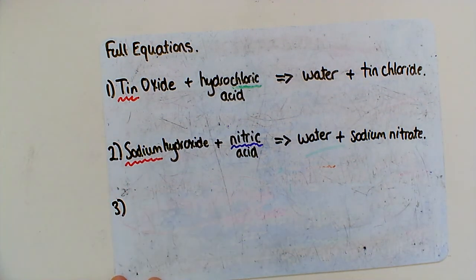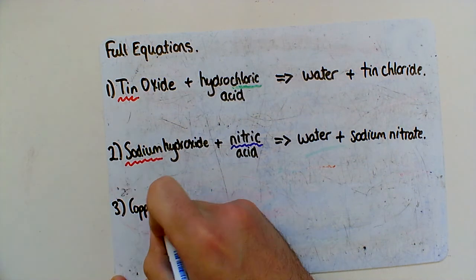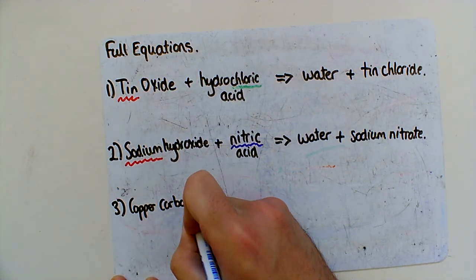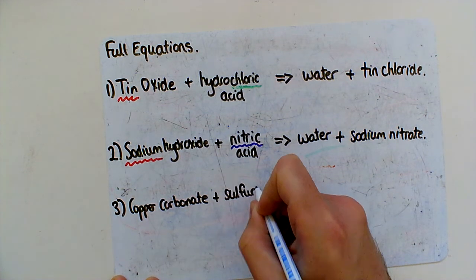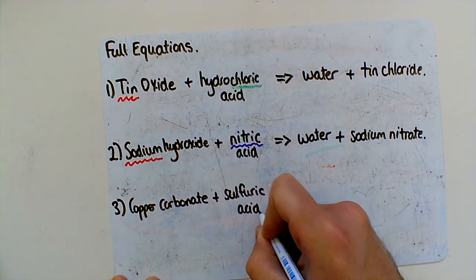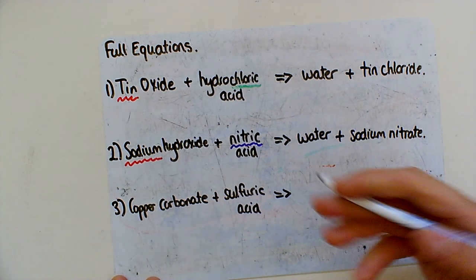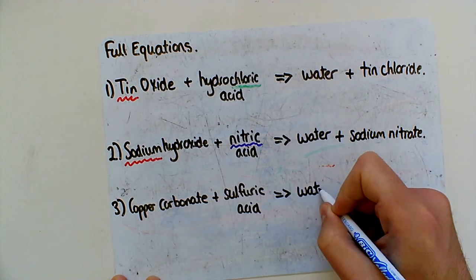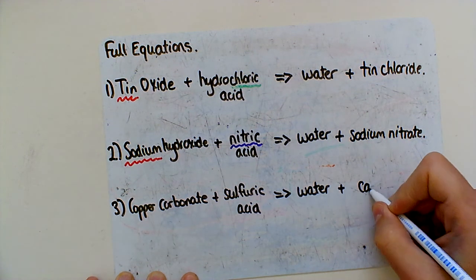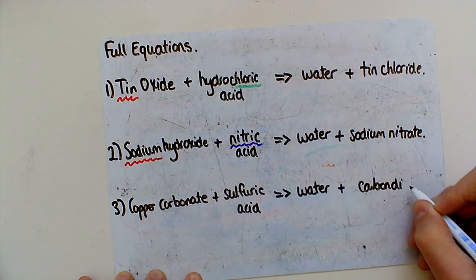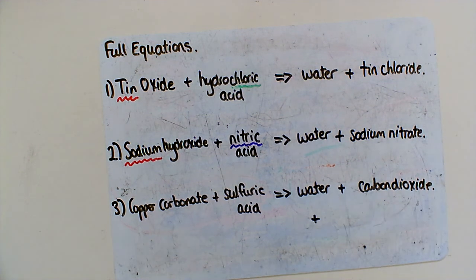Third example, let's do copper carbonate plus sulfuric acid. Now with this one, it's a carbonate, so it's slightly different. We know we get water because every neutralisation produces water. We get carbon dioxide because it's a carbonate, and then we also get a salt.